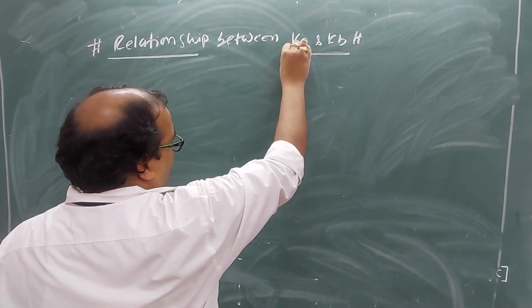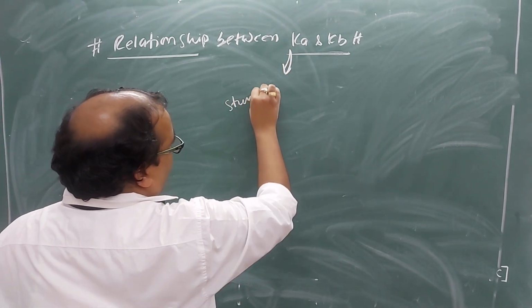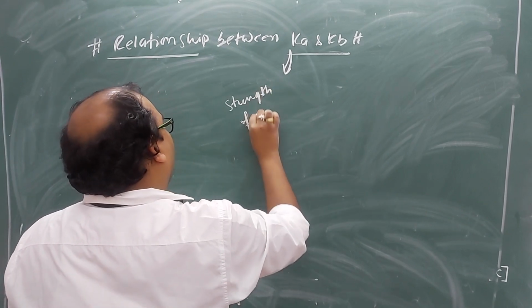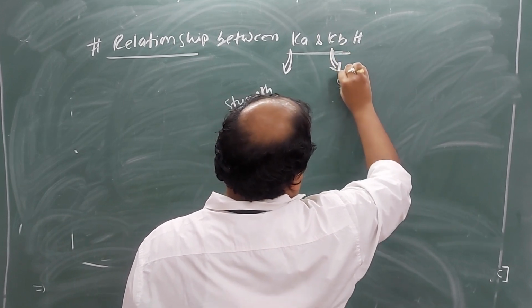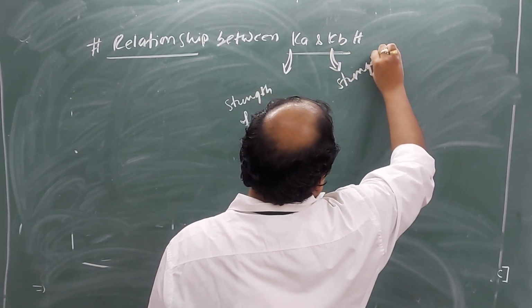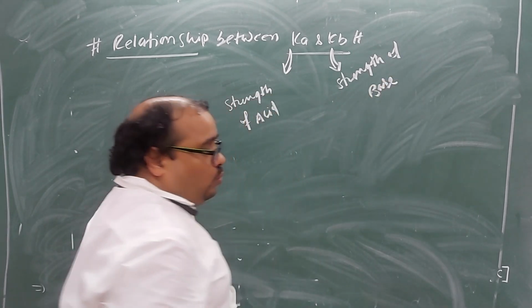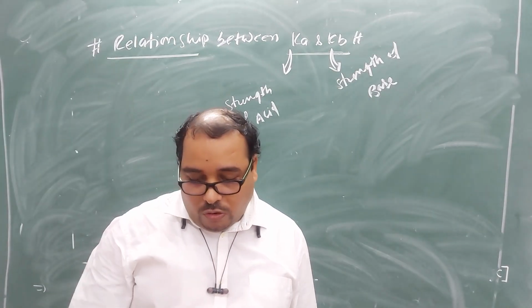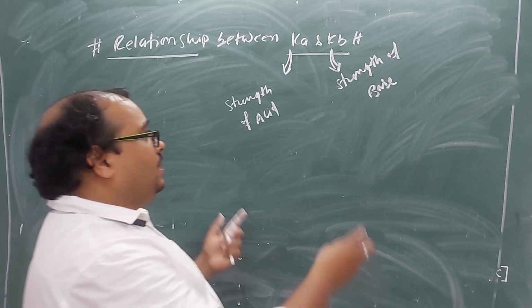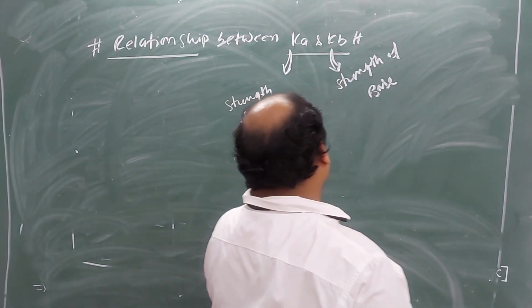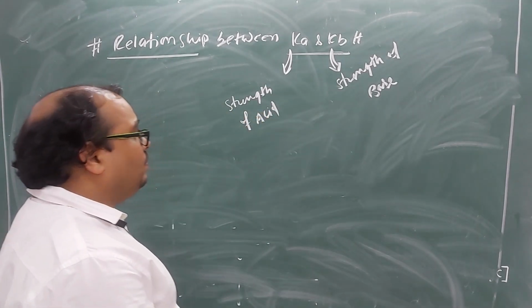Ka represents the strength of acid, and Kb represents the strength of base. Obviously, if Ka is more, the strength of the acid will be more.